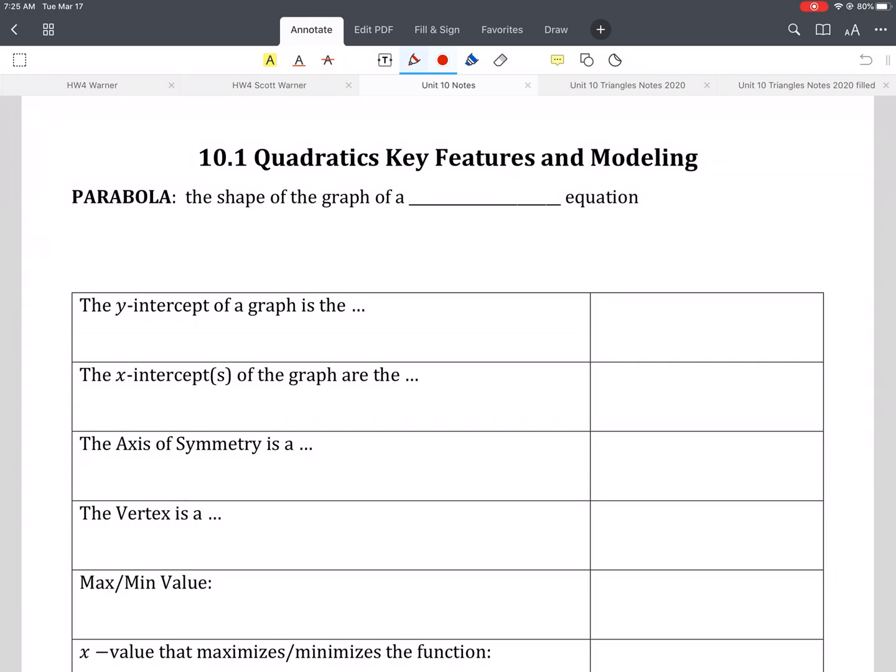So these are the notes that I was going to hand out on Monday when you came to class. We'll still be going over the same notes. You're welcome to print those out if you'd like. If you don't have a printer, I have plenty because I printed them all here.